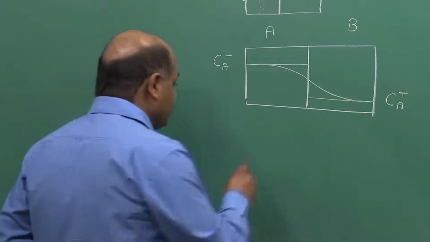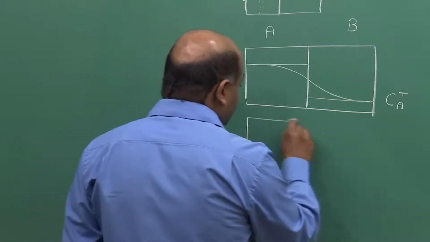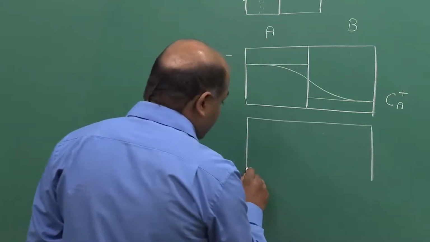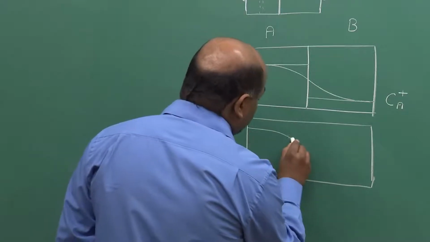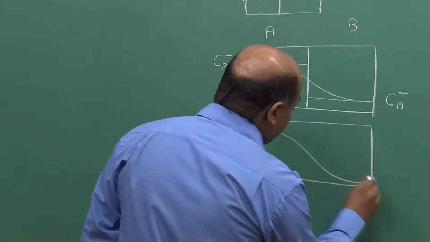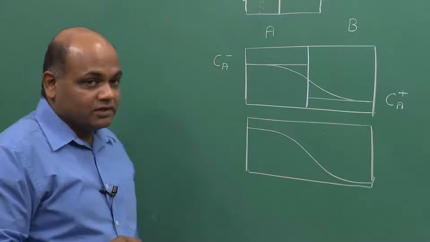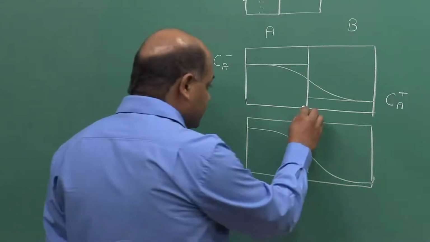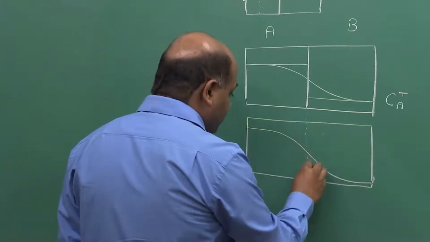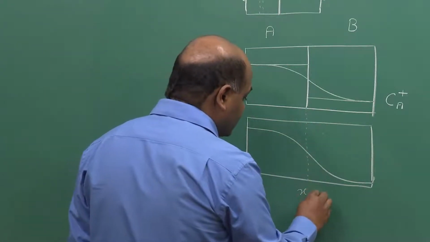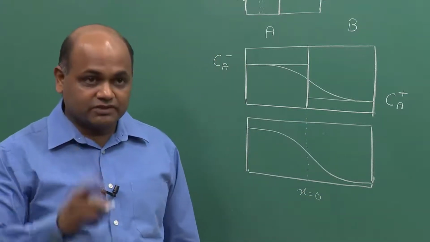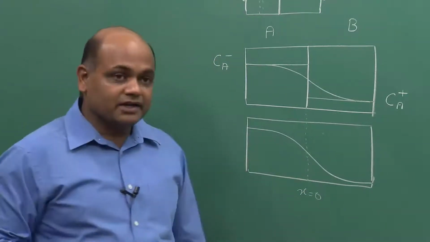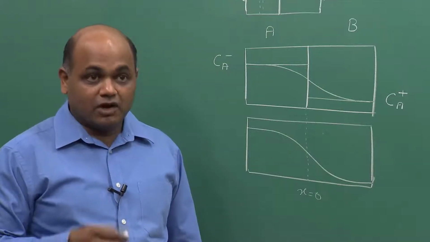So, what we will see is only a concentration profile, something like this. So, how do we identify this initial contact plane, where we assign x equal to 0? Now, that is our plane of reference. So, it is first important to find out that initial contact plane. So, how do we go about this?